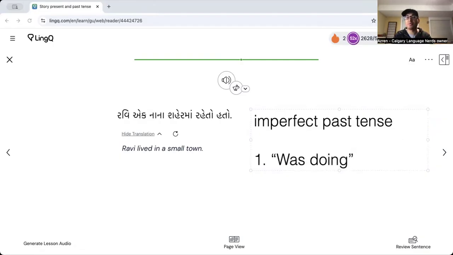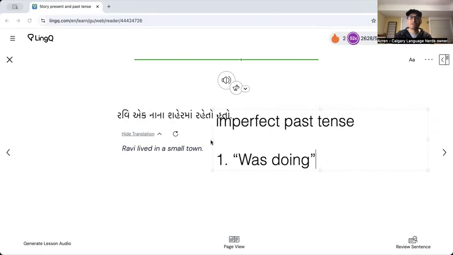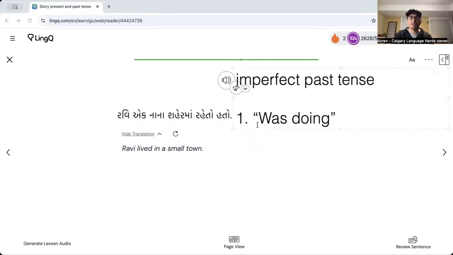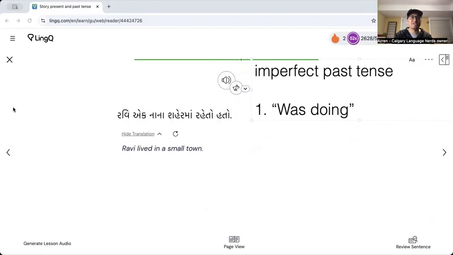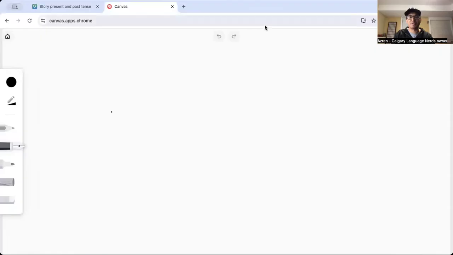You can call it ongoing actions, if you will. Let's actually write this down here. Let me just switch tabs and open up a whiteboard, just a little bit cleaner. Here we go. So as a reminder, the imperfect past tense, we use it for a couple of things.